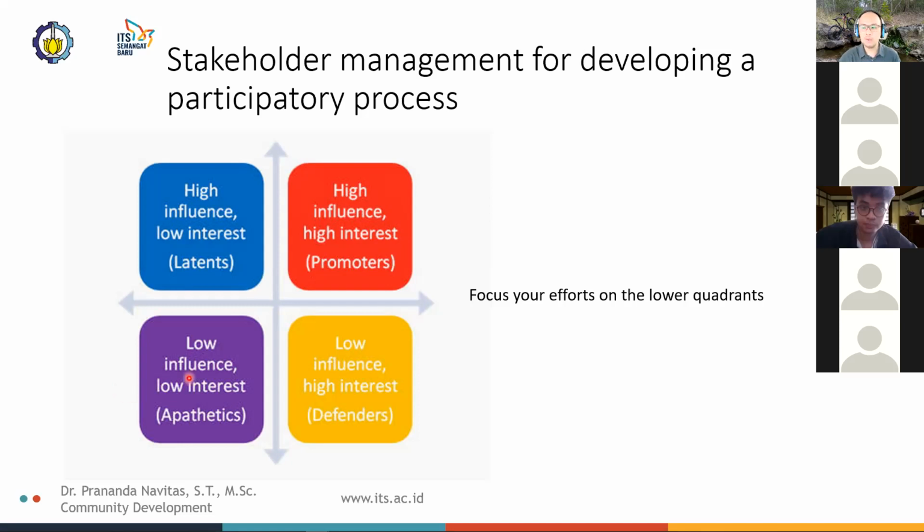Others may have no influence in this particular situation, though they may have a great deal in other circumstances. Very often, however, those who do lack skills and experience find themselves in those 2 lower quadrants. When that's the case, they may need training and other support in order to participate fully. Now, that may be one aspect of stakeholder management, and it may help to move them into positions of more influence and teach them how to exercise it.